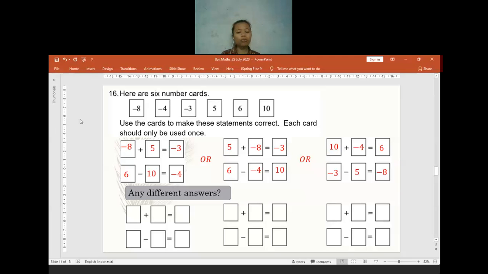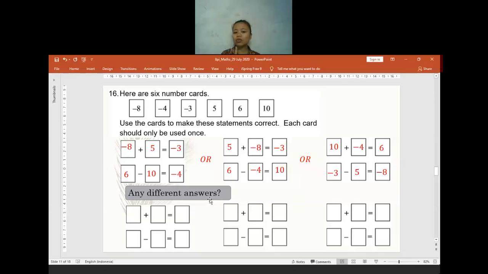Is there anyone who has a different answer from me and wants to clarify it? Is there any different answer, or is your answer already the same as my 3 examples? You can clarify if you think your answer is different from mine, so I can check if it is correct or not.